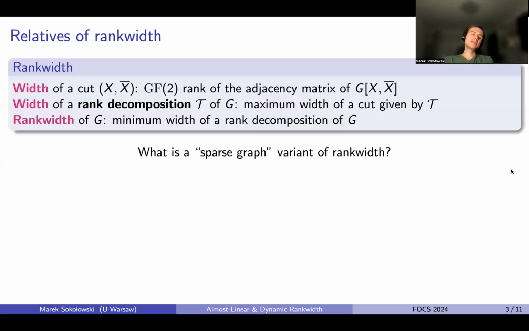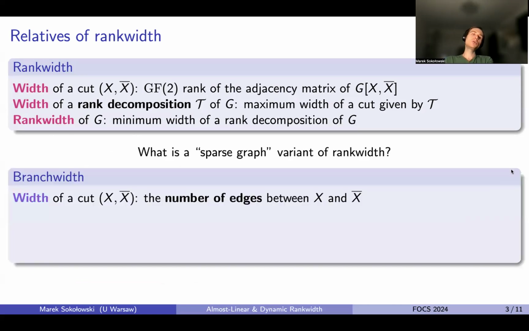Let's first tie rank width to a couple of different notions that are more suited to sparse graphs instead of arbitrary graphs. There is a case to be made that one of such sparse variants could be branch width, where we define the width of the cut slightly differently, namely as the number of edges between the sides of the cut.